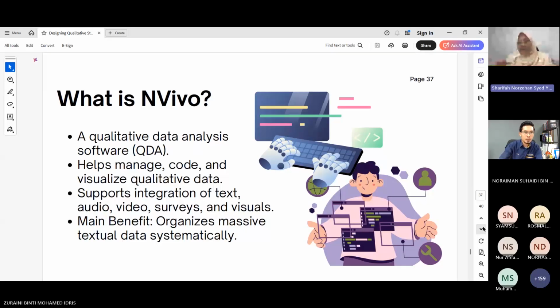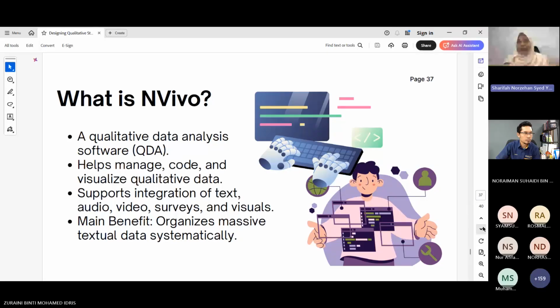Not so much analysis, maybe a bit, just to do the connection between one theme to another theme, but it's not as intensive as your SPSS, where you can use a lot of statistical analysis for your data. All right, more to data management rather than analysis. Yes, it does help you, but it's more on keeping your data.